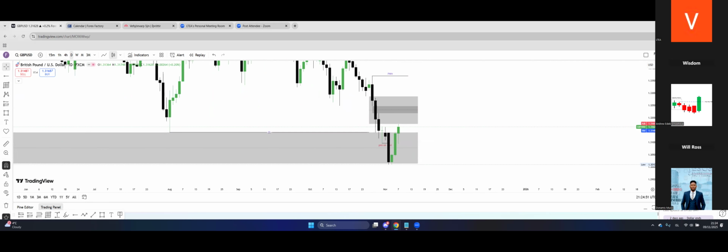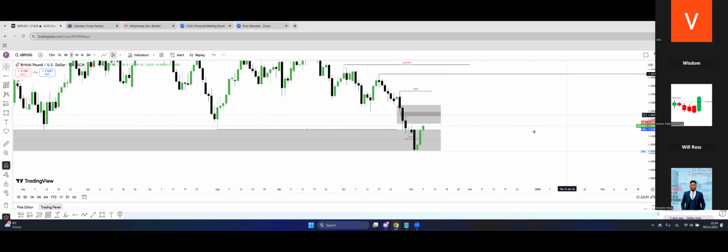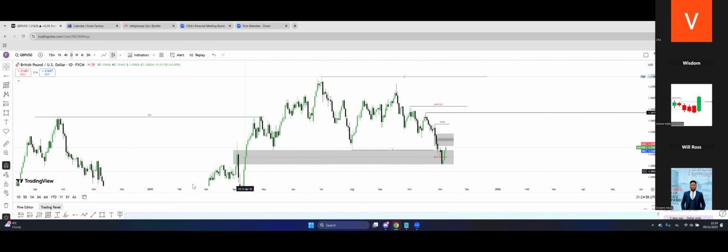Now, the reason why I'm pointing this out is we are going to look at a bigger picture, a clearer picture right here. Now, your market structure. We have the last area of interest right here that got mitigated, price moved down. What happened? Price came here.